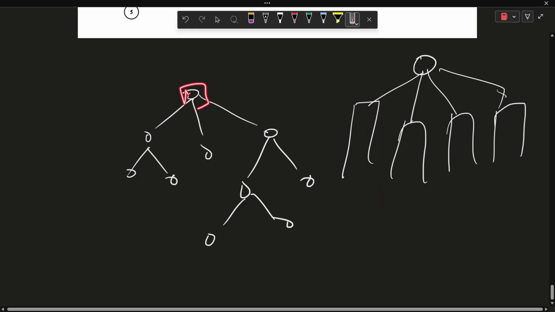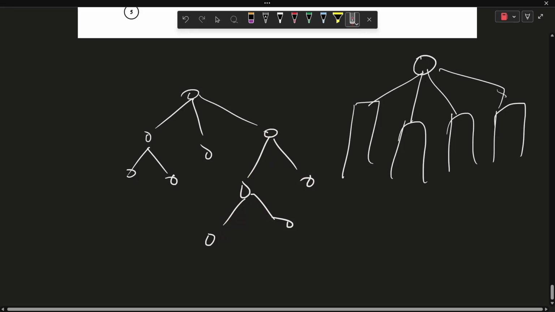If we are at this node and want the depth of this child, it would be 1, because at max we can go to a depth of 1. If we are here, what's the maximum depth? It's 1, 2. We can go to a depth of 2 at max. Or 1, 2, in this way also a depth of 2. But if we go here, we would go to a depth of 1. So the maximum depth among all the paths is 2.